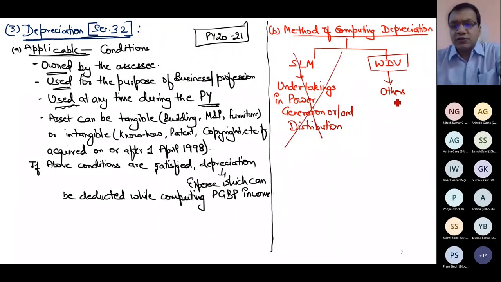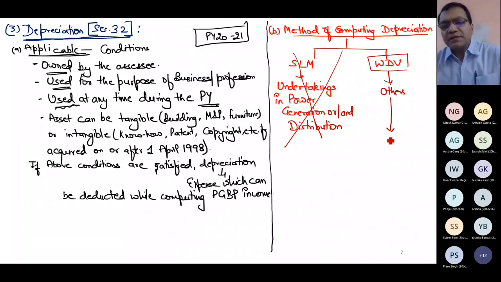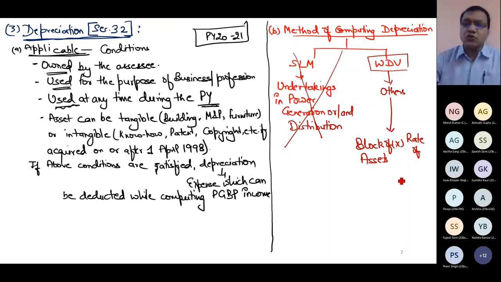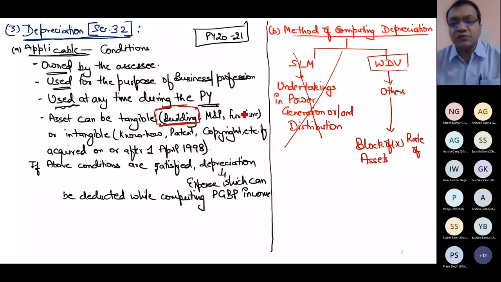We will discuss only WDV, and in WDV, I must know that I will compute the depreciation on the basis of block of asset, not single asset. It's block of asset multiplied by rate of depreciation of that block. So you don't charge depreciation on a single asset. In WDV, you will merge all the assets having the same rate, same category. Like if I have 10 buildings having 10% rate, I will merge all the buildings and then apply depreciation. Suppose I am having 6 plant and machineries.